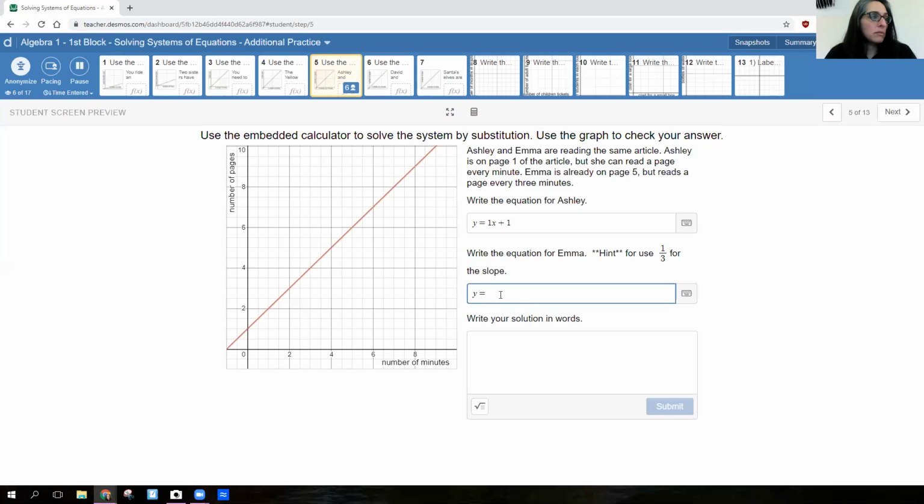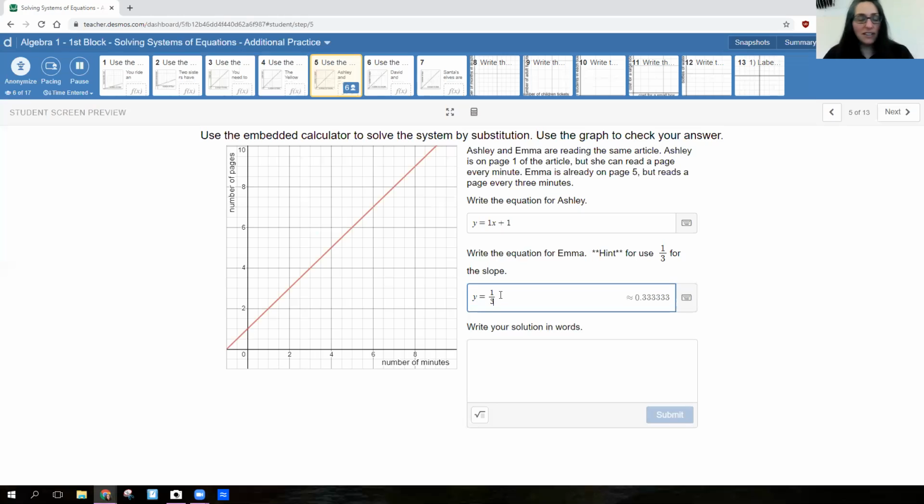So, did I say days earlier? I hope I didn't. But anyway, 1 page every 3 minutes. So that's going to be 1/3 x, put the x over on the side. And then, but she's already on page 5, so she's got a little bit of a head start. So plus 5. Okay.